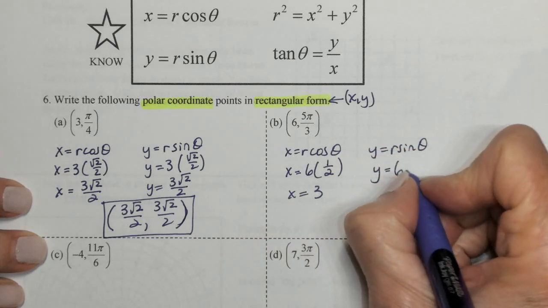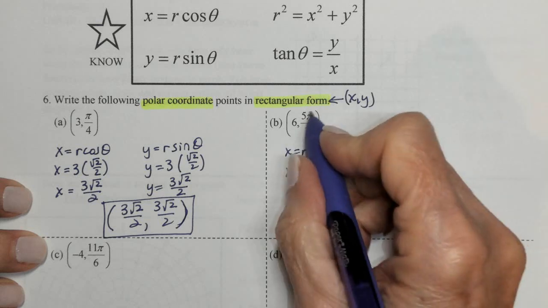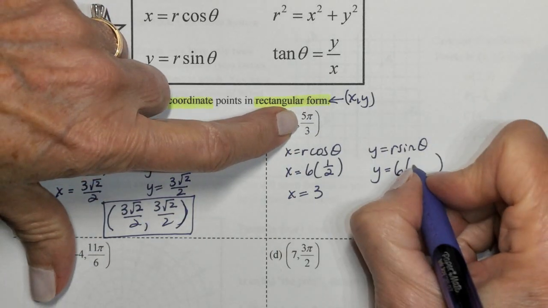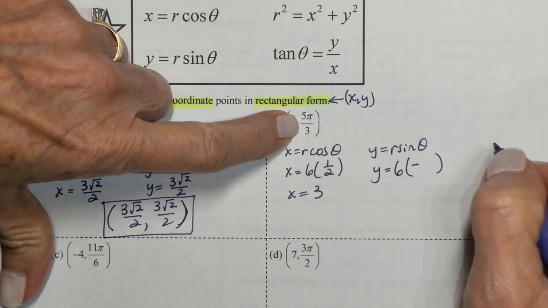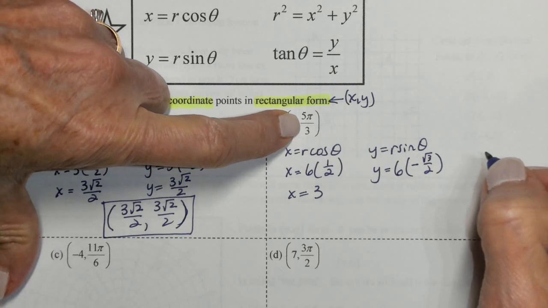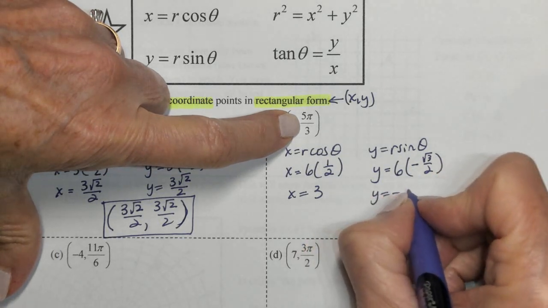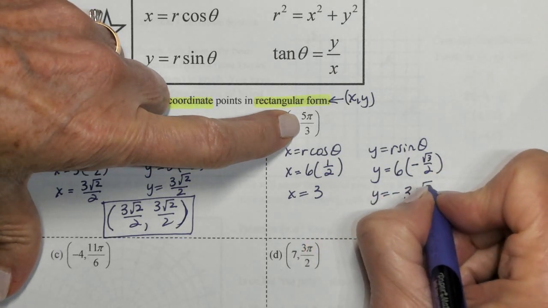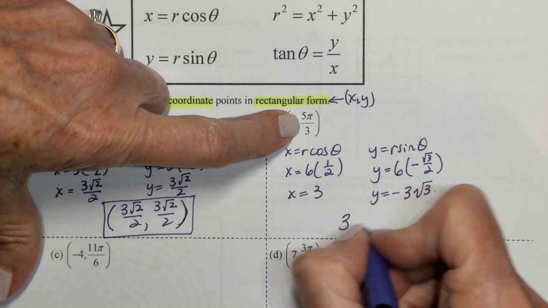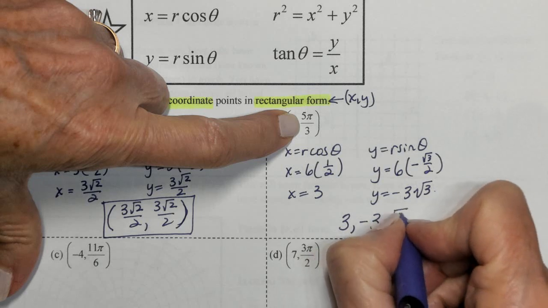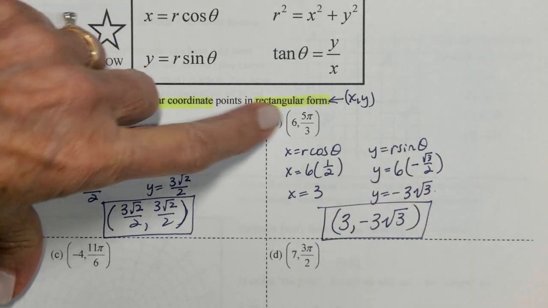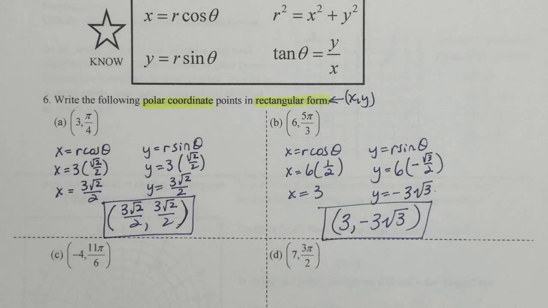Y is r sine theta, so 6 sine of 5 pi over 3. Sine of 5 pi over 3 is negative because it is in the 4th quadrant, and it's square root 3 over 2 because it's a pi over 3 reference angle. So y is negative 3 square root 3. So the point is 3, negative 3 square root 3 in Cartesian form, rectangular form.